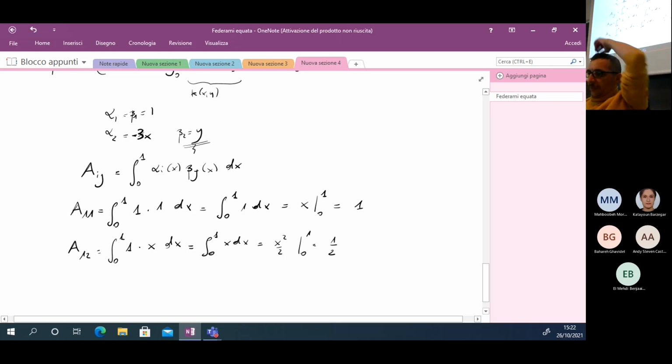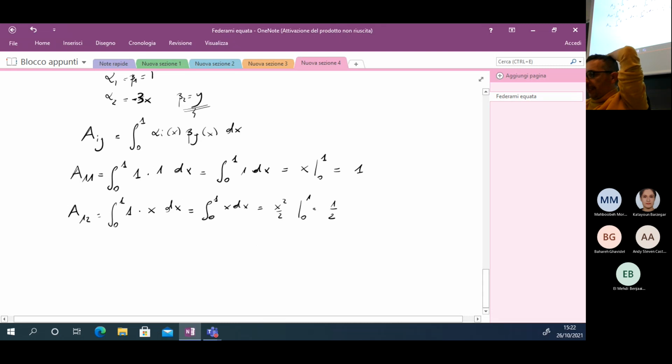Yeah, there is a mistake in my notes. Well, in any case, I will change it later. Then I have a21, which is the integral between 0 and 1 of alpha 2, minus 3x, times beta 1, which is 1, in the x. And this is minus 3x squared over 2 between 0 and 1, which gives minus 3 over 2.